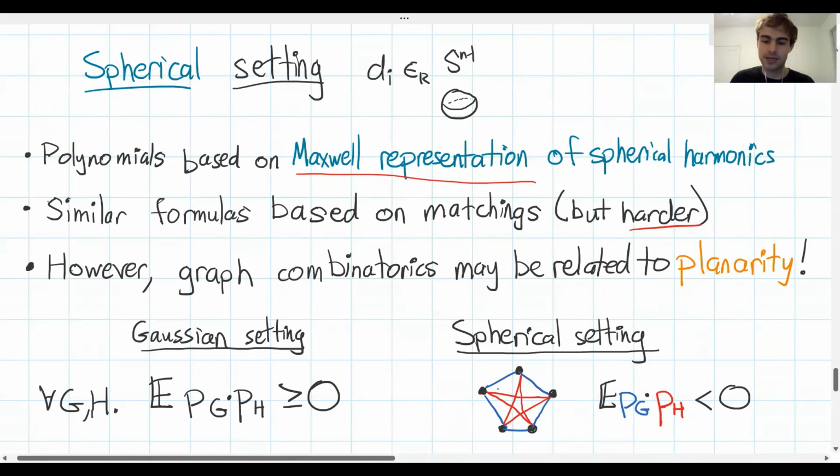For example, if you take K5 and break it up into two 5-cycles, as depicted here, one in blue and one in red, and you take the orthogonal polynomials for the two 5-cycles and take their expectation, then that actually is negative. This is the smallest example with this property. There are other examples with a K5 minor that also have negative expectation. We don't know anything beyond K3,3 at the moment, but certainly this is a strange property that these polynomials seem to have.